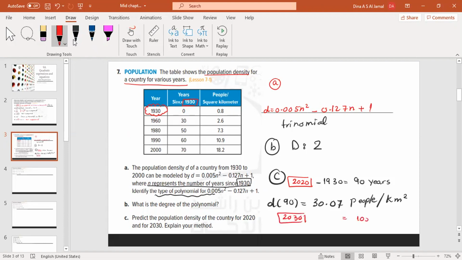So you can solve it again later. You can just substitute and you can check it. You will be getting 38.3 people per kilometer square or square kilometer.